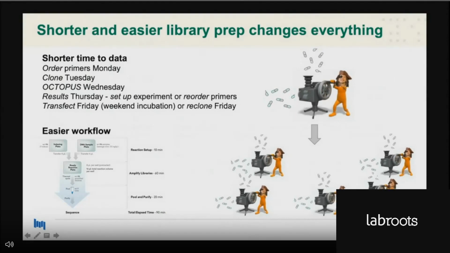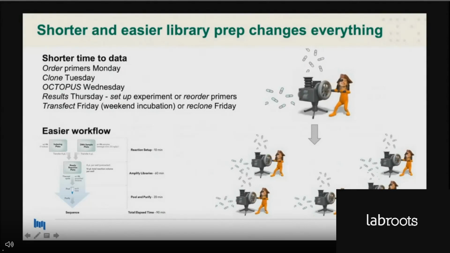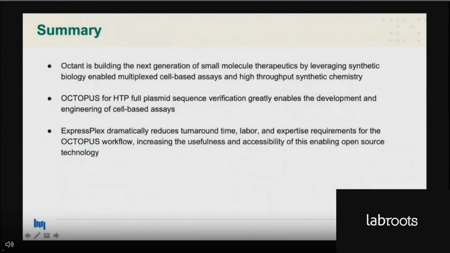And so in summary, Octant is a drug discovery company. We're trying to build the next generation of small molecule therapeutics by leveraging synthetic biology and multiplex cell-based assays and our high-throughput chemistry platform.